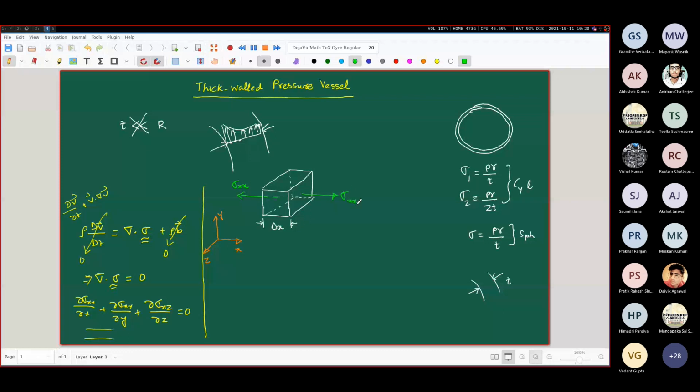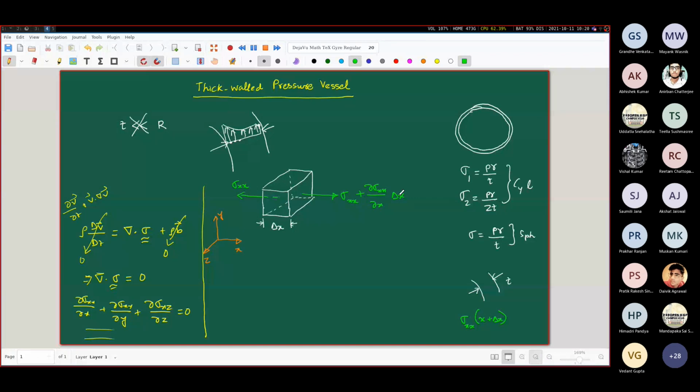It will be sigma xx plus del sigma xx del x delta x. You understand that what I am basically doing here is to just consider the stress component over the plane x plus delta x, and because this is like a function of x plus delta x, I'm doing a Taylor expansion and considering only the first term. Okay, so this is delta x by factorial 1 del sigma xx del x. That is what I'm basically doing.